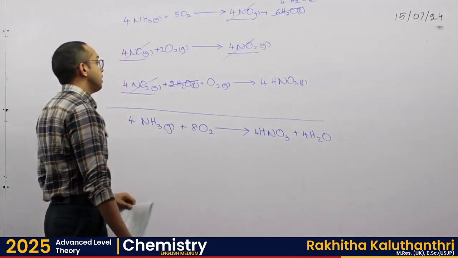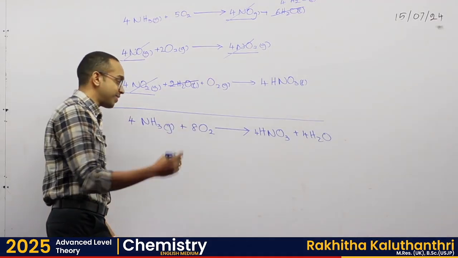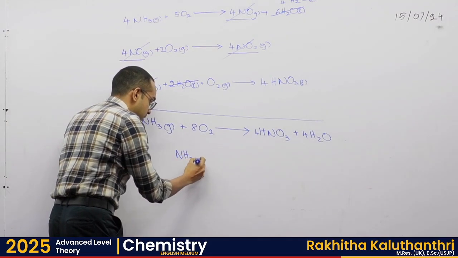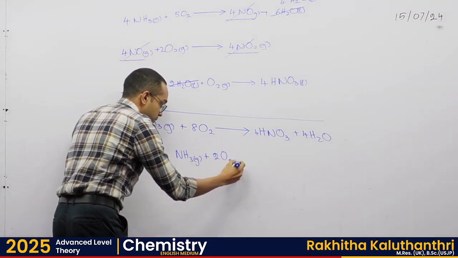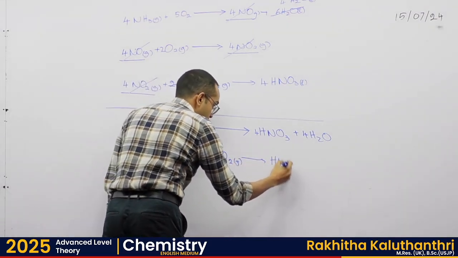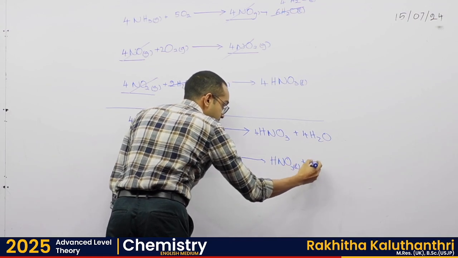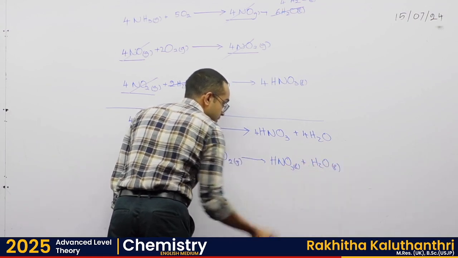Now do you see everything here is divisible by 4? We can simplify it and write NH3 gas plus 2 O2 gas turns into HNO3 liquid plus H2O liquid.